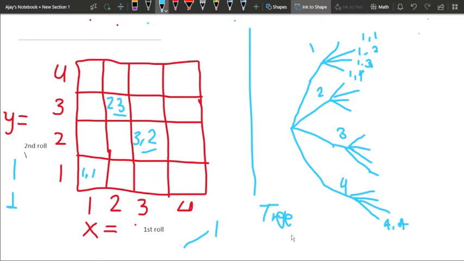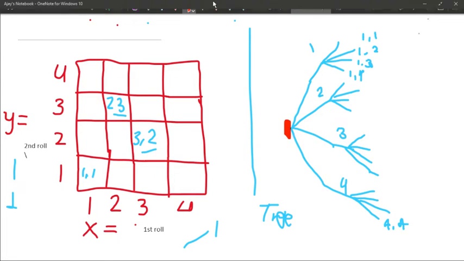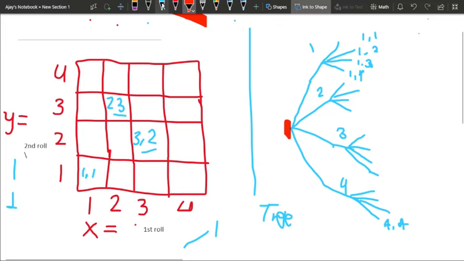We start the experiment. Here is the main point. We carry out the first phase, which in this case is the first row, and we see what happens.